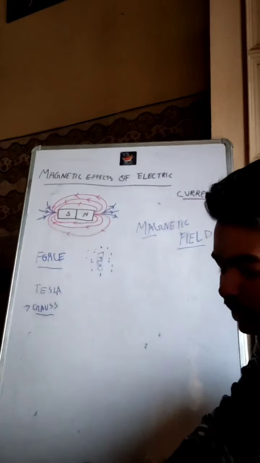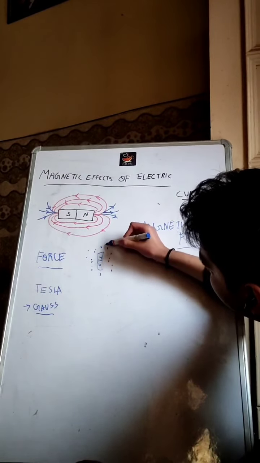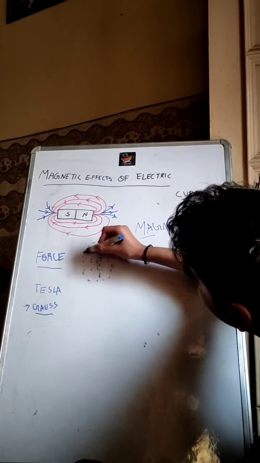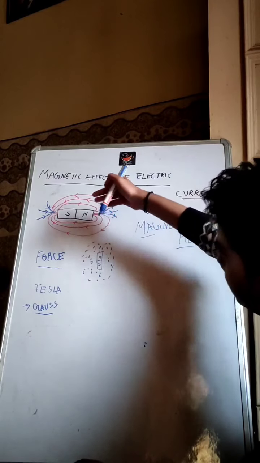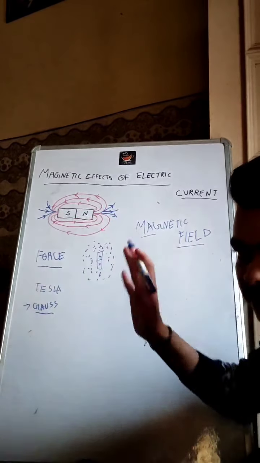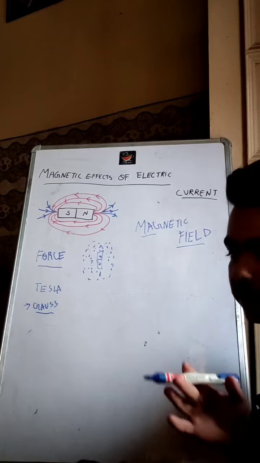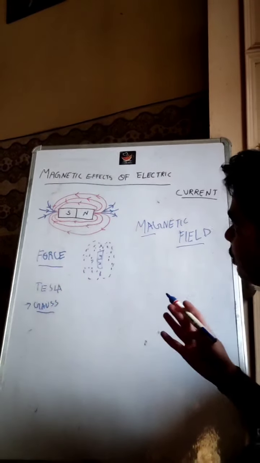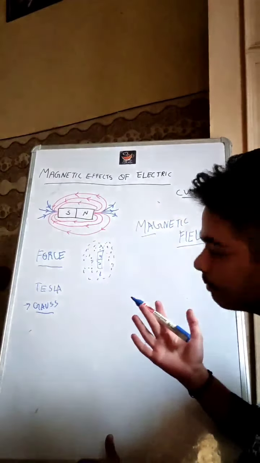You will notice after some time the iron filings will get arranged in some pattern which I have drawn over here. This pattern represents the magnetic field lines. Please note that these lines are imaginary and we use them just for our convenience to study them.